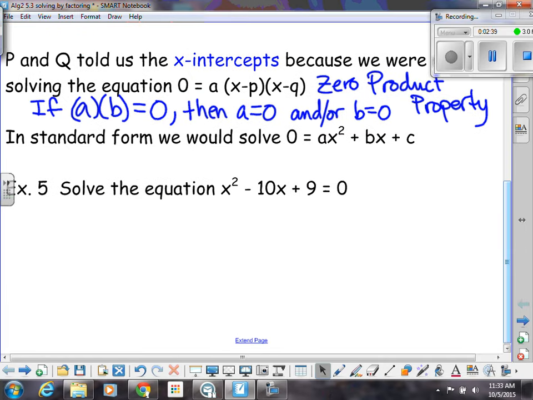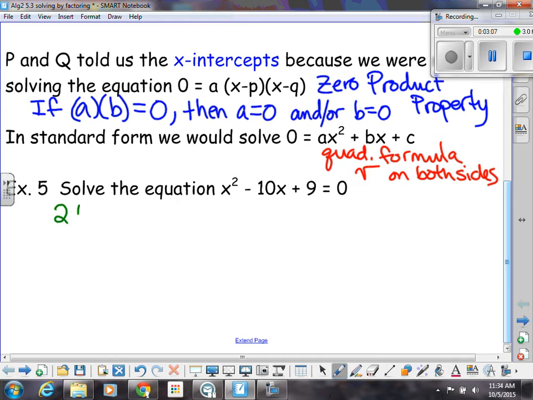So in standard form, we would solve this and we would use either quadratic formula or we would use square roots on both sides. Well, now what we're going to do is take this equation and factor it and then use the zero product property. So let me show you how we do that. So we've been factoring, and remember we would say, I need two numbers that multiply to equal this last number, so multiply to equal 9.